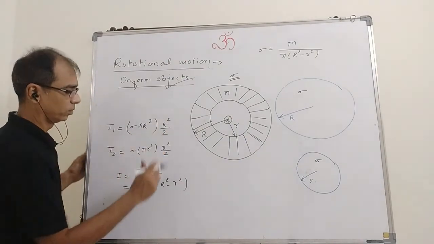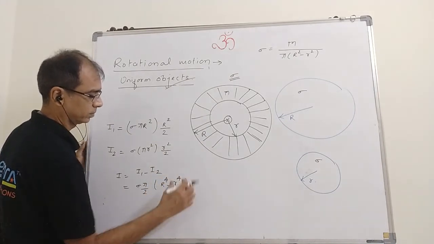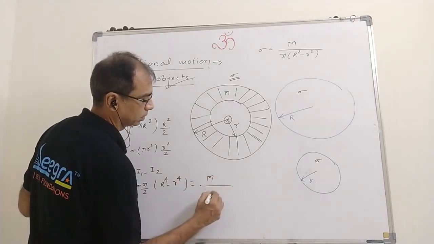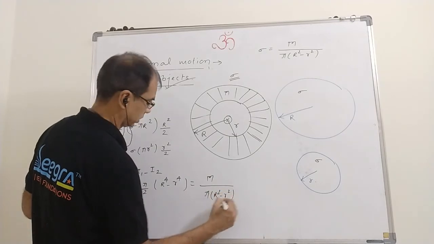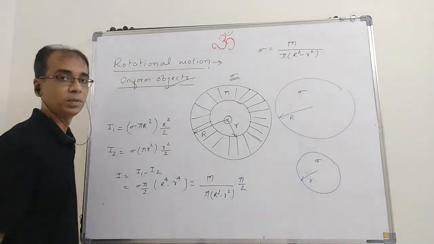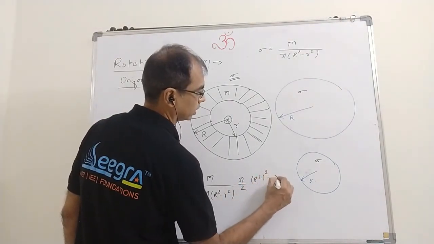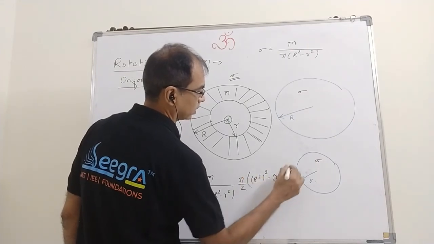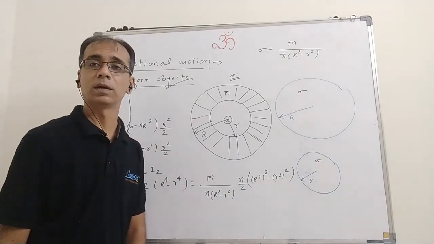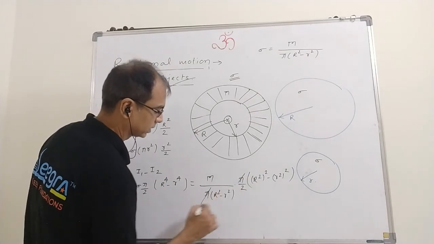This is R to the power 4, and this is r to the power 4. So if I keep sigma over here, it is m by pi into R square minus r square, into pi by 2, and this R to the power 4 minus r to the power 4 I can write as R square squared minus r square squared. That means we can write it as a square minus b square, which is a minus b into a plus b. Pi and pi get cancelled.